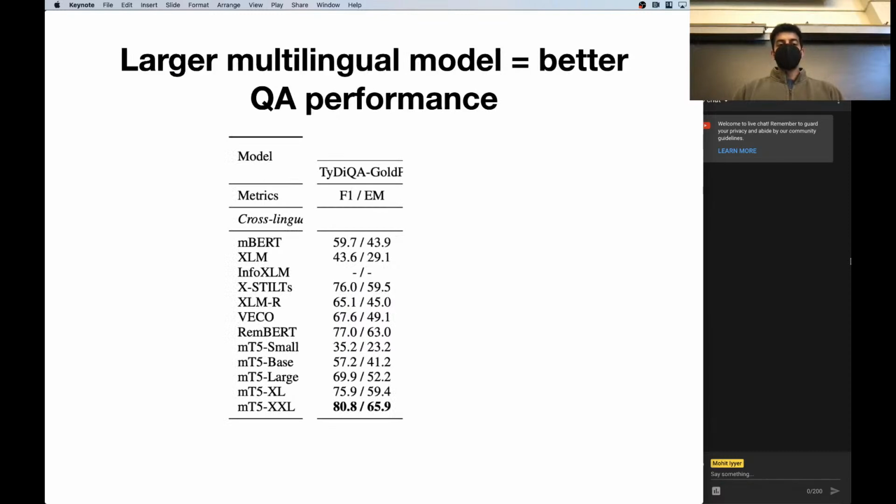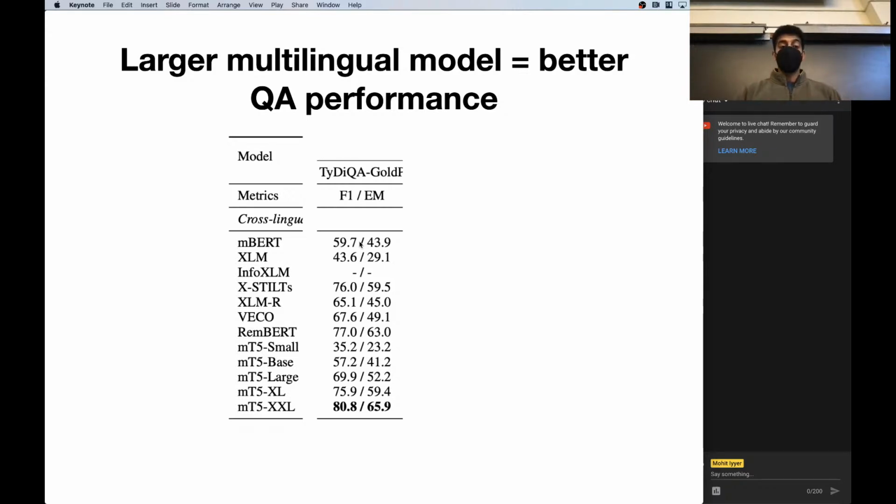Anyway, we can also see the same trend that we saw for XNLI on this data set, where here is just the performance if you train on English and evaluate on one of these other languages. Again, you see this discrepancy from these smaller models. And the categorization is not just the model size, right? It's also the type of data they were trained on.